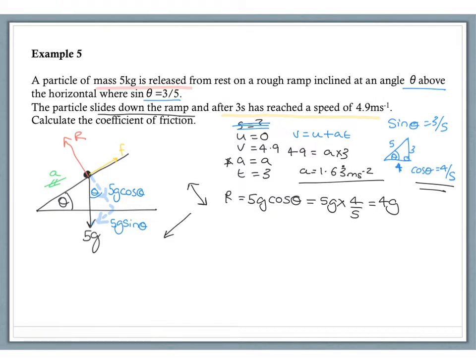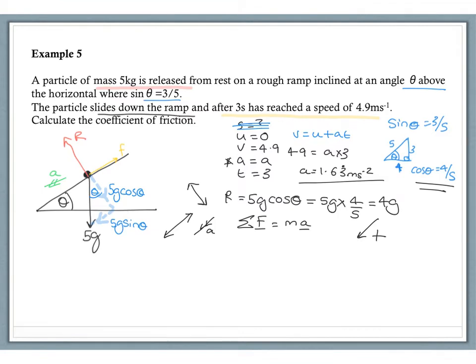Now, parallel to the slope or along the slope, we do not say that F equals 5g sine theta. It doesn't. The forces cannot be balanced parallel to the slope because the object is accelerating down the slope. So we're going to use F equals ma, resultant force is mass multiplied by acceleration, and I'm going to choose a positive direction, which is down the slope, the direction of the motion.